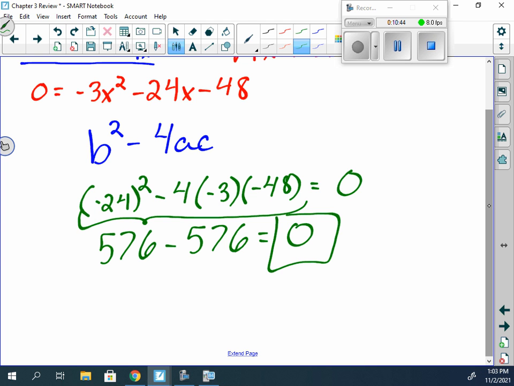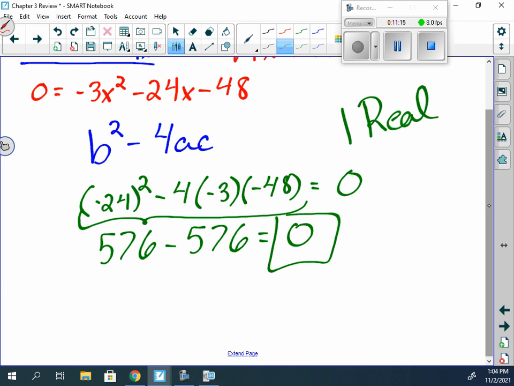Now, since the discriminant is 0, what does that tell us? We have one real solution. Because when the discriminant is equal to 0, we have one real solution. Now, as I said, the way it's going to ask it on the test is to define the value of the discriminant, which here would be 0.